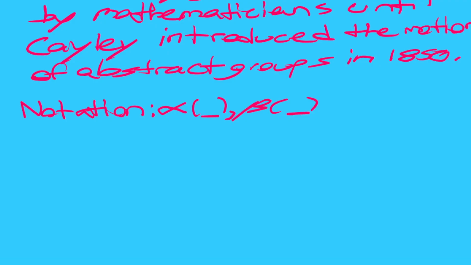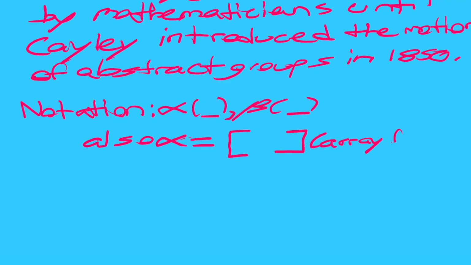And then also we have, now this isn't a matrix, but it does have the same brackets. This is an array form, and that's another way that permutations are written. So let's look at an example.